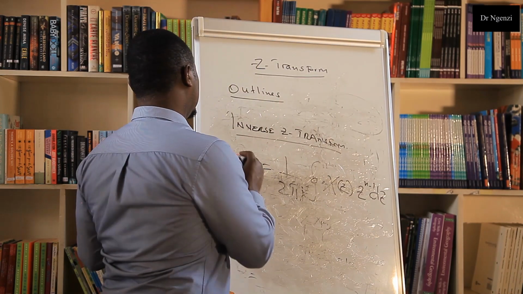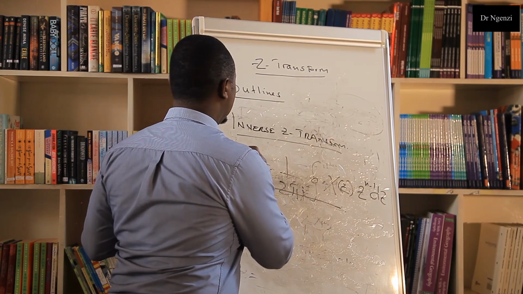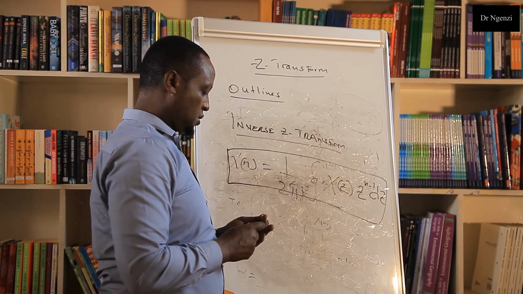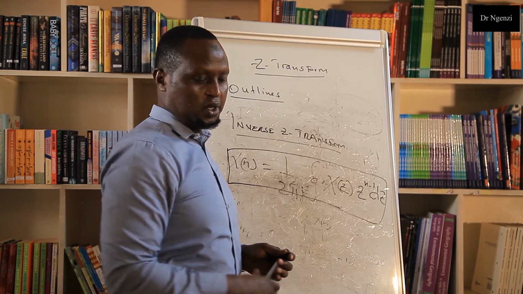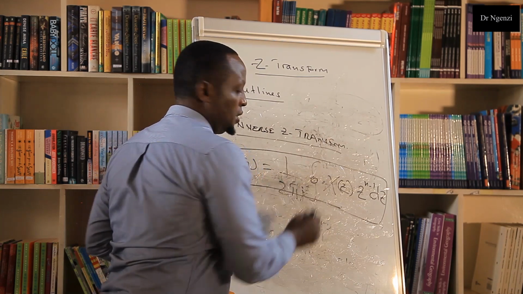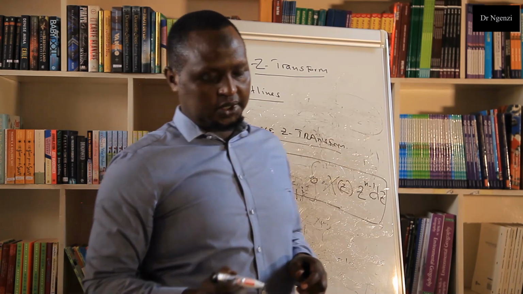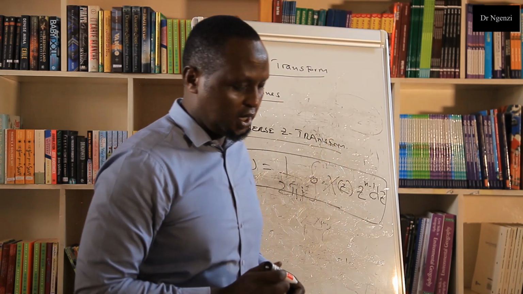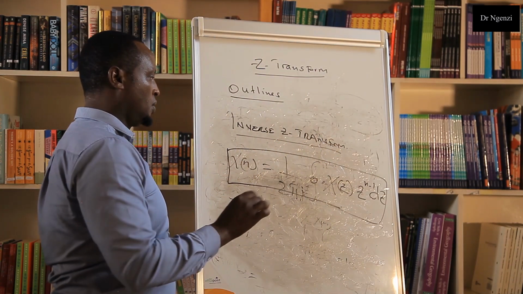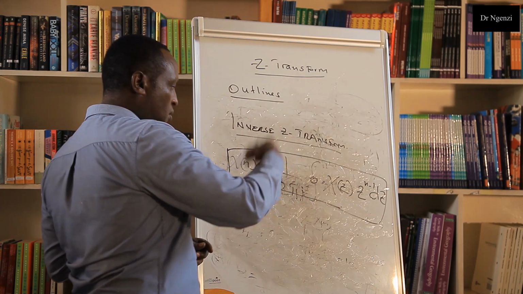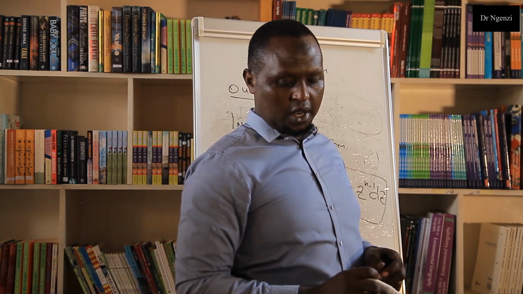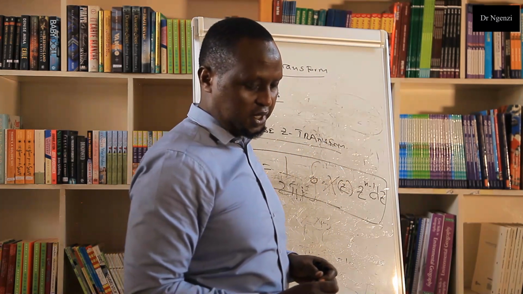This is the general formula for all that we have to deal with when dealing with the inverse. The symbol here denotes the integral around a circular contour, counterclockwise, centered at the origin with radius r.